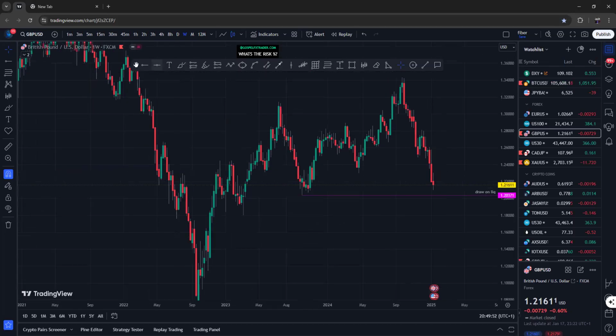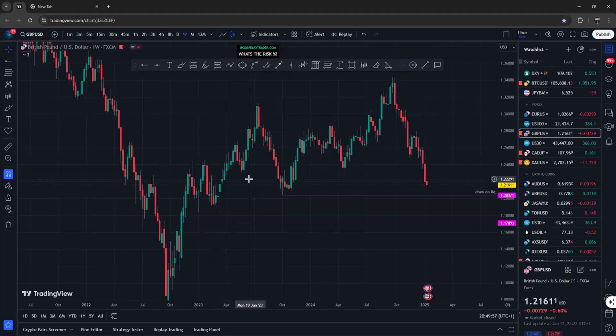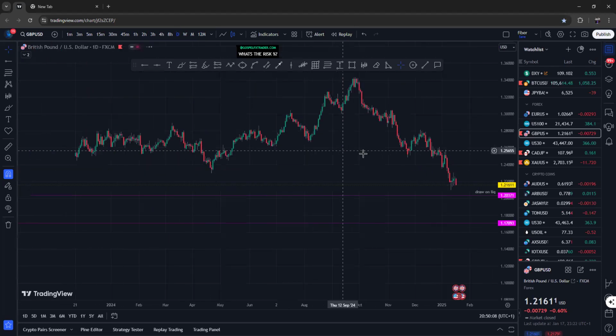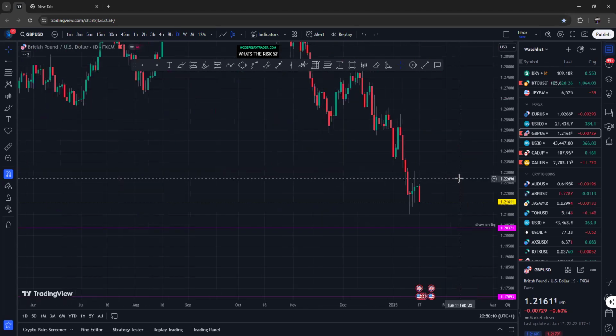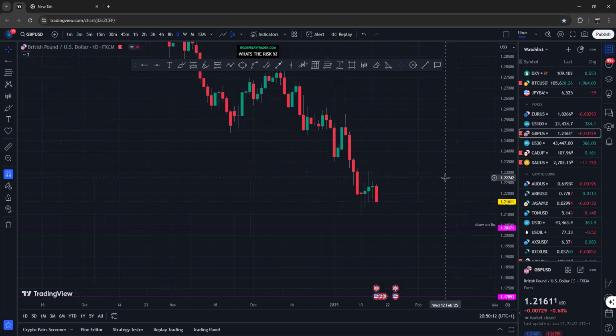We also have this fair value gap here. Now, why this is clear is because we have DXY, we expect DXY to keep pushing higher, okay? This is why we are looking for more reasons to sell GU and Euro USD. And right here, we can clearly see that we're having a clear downtrend.